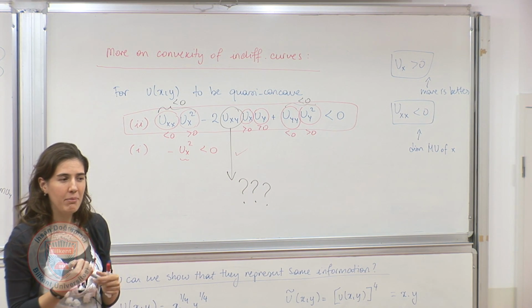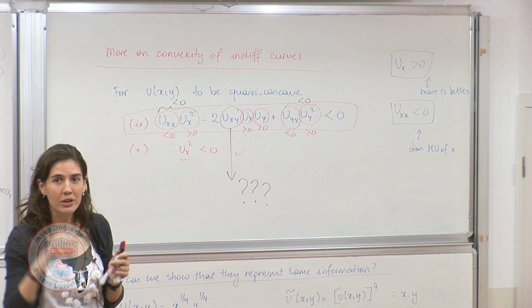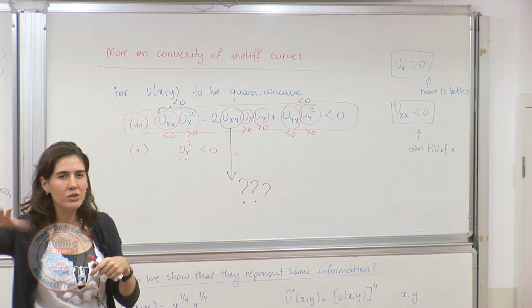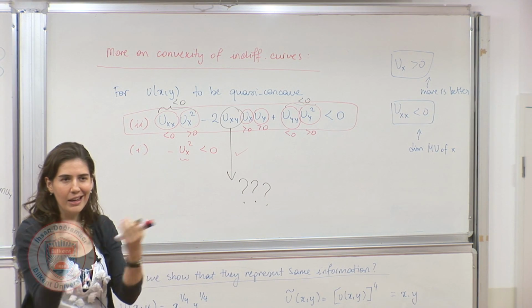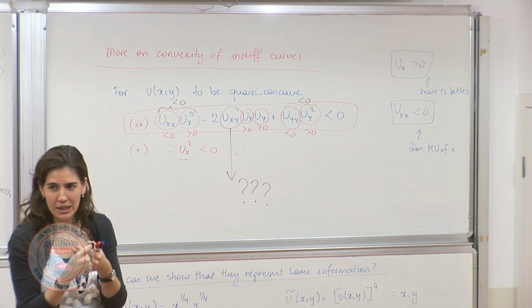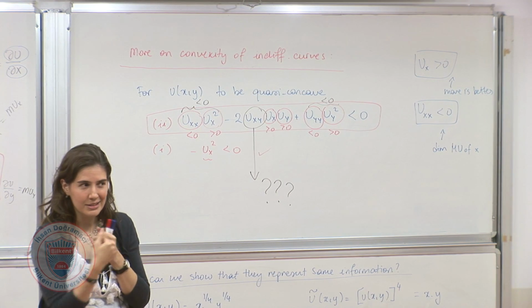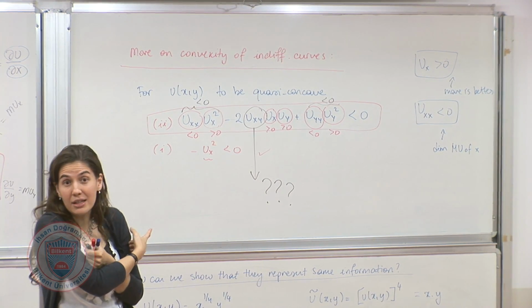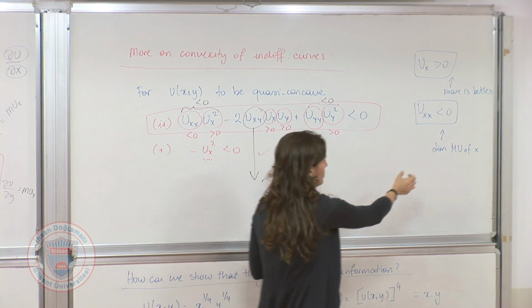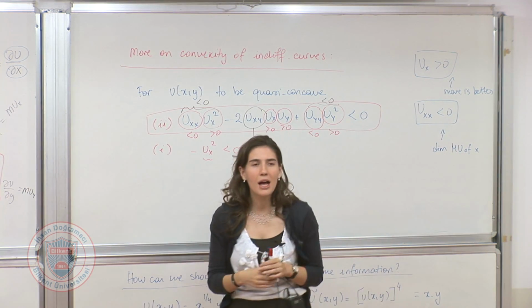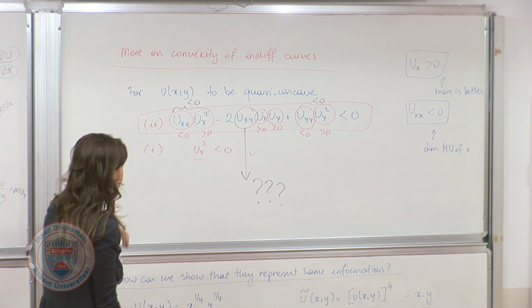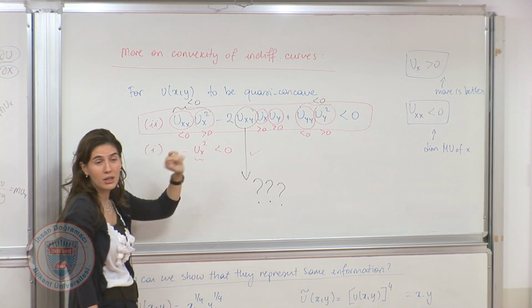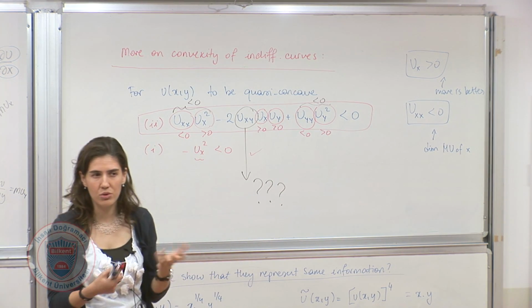Diminishing marginal rate of substitution. Apparently, diminishing marginal rate of substitution and diminishing marginal utility, are they the same thing? No, right? Because if there is diminishing marginal utility, it's not necessarily the case that you have diminishing marginal rate of substitution.